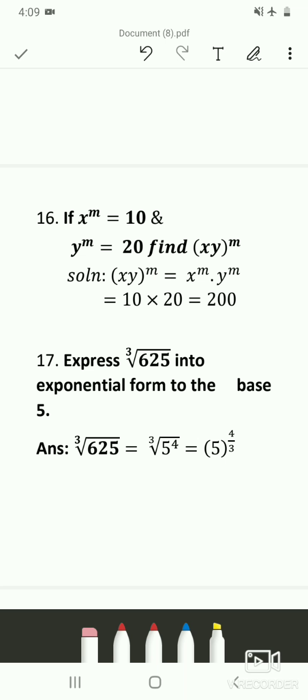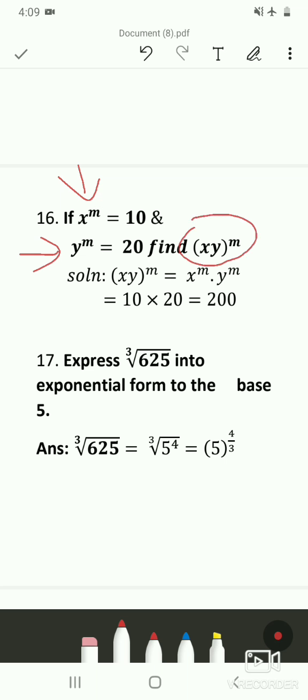Here you don't know the value of x, the value of y, or the m value, but you know the value of x raised to m and y raised to m. So using these two you have to find out this value.